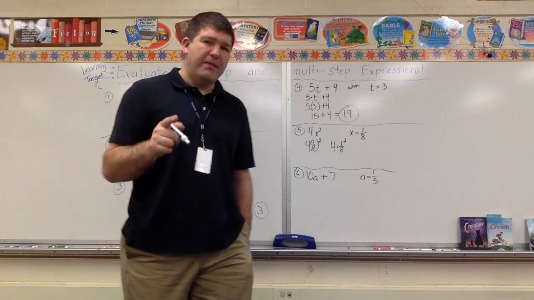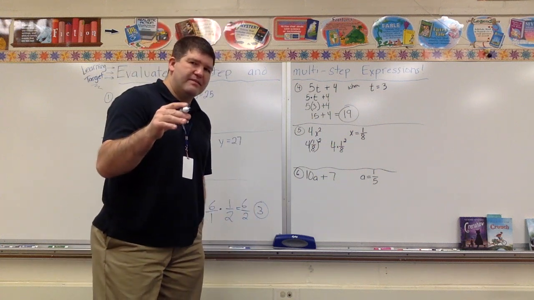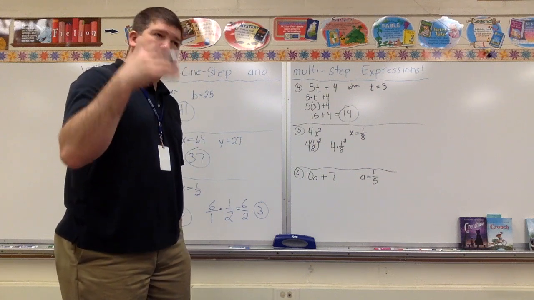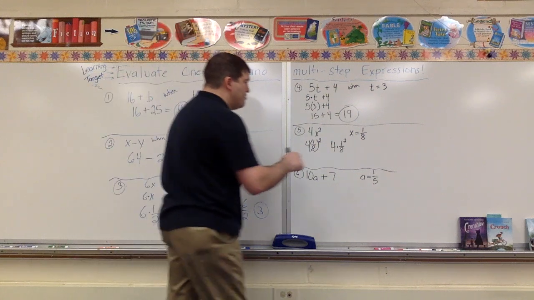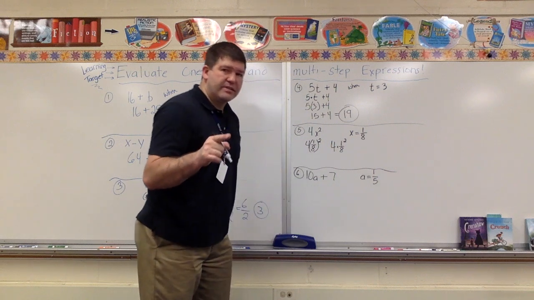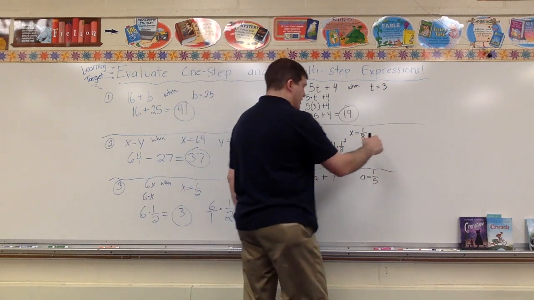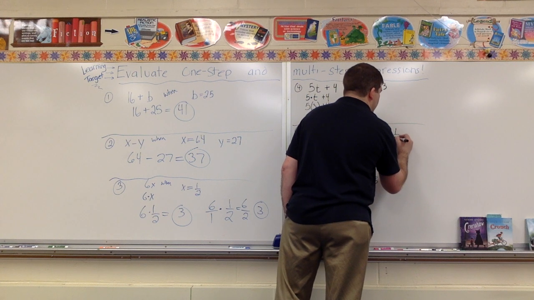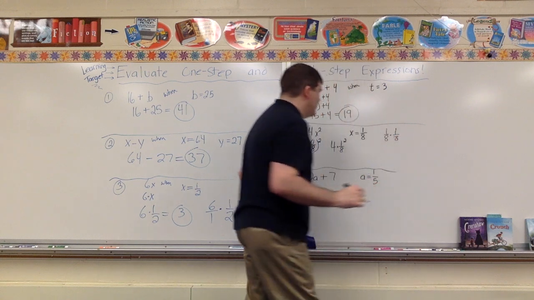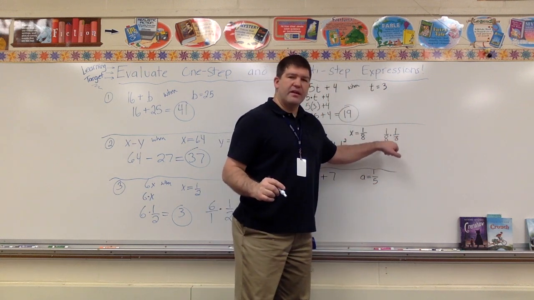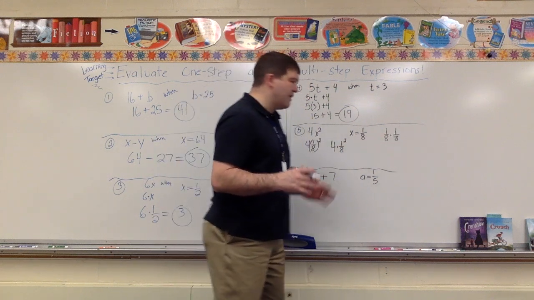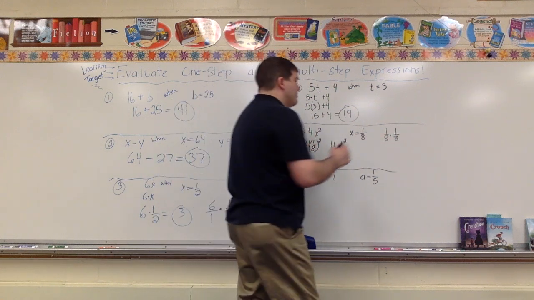Now, again, PEMDAS, parentheses, exponents, multiplication, division, addition, subtraction. So I need to do my exponent first. So I'm going to come over here and 1/8 times 1/8. Okay? 1/8 squared is where I take 1/8 times 1/8. I need two 1/8s, and I multiply them together. So then I just do this.